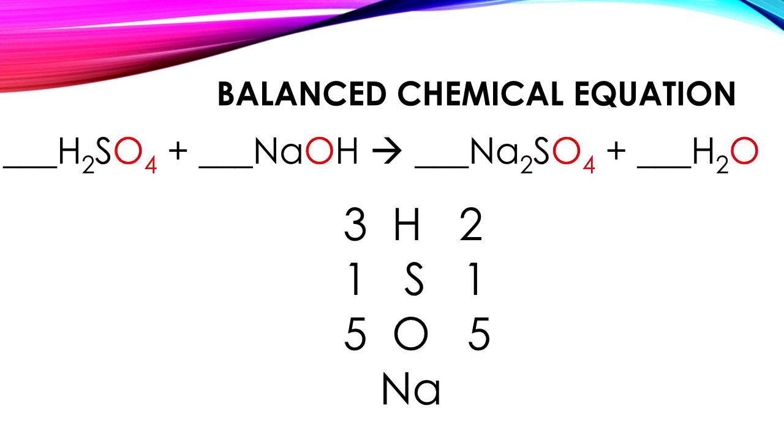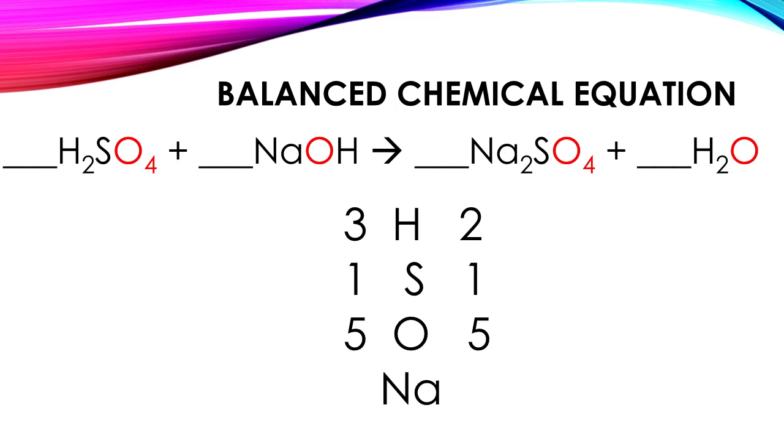Oxygen is found in every substance in our reaction, and I will tell you that's not necessarily an unusual thing. Oxygen is found in lots and lots and lots of compounds, so just be aware of that and keep an eye open for oxygen, because oxygen and hydrogen are the two little sneaky guys that end up in almost every compound.